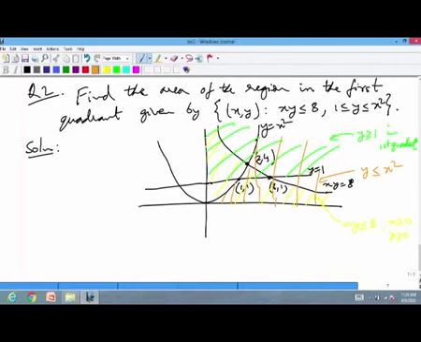So, what we have to find is the intersection of these regions. So, that is nothing but this region in red. So, this is the area that we have to calculate.